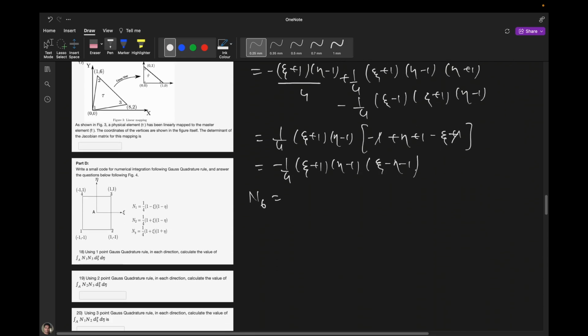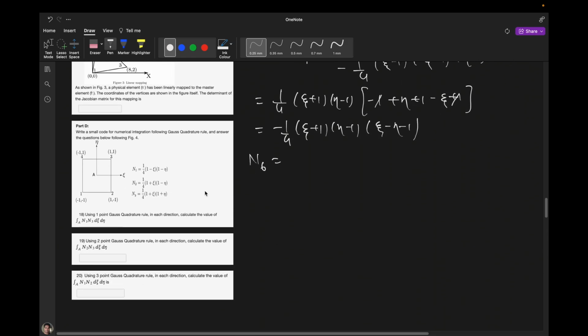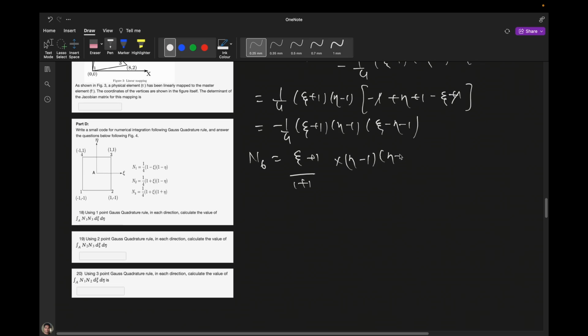So we can directly write xi plus 1 divided by 1 plus 1 into eta minus 1 eta plus 1, plus 1 divided by 0 minus 1 and 0 plus 1.